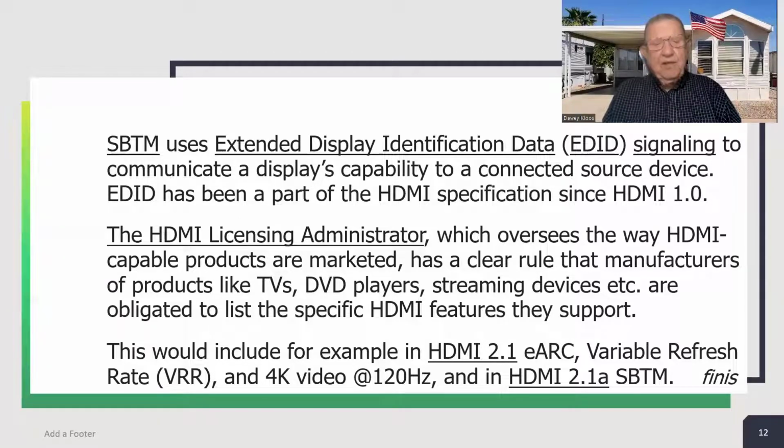For example, for HDMI 2.1 this would include things like eARC, variable refresh rate, and 4K video at 120 hertz. If you're talking about HDMI 2.1a, of course, it would include SBTM.